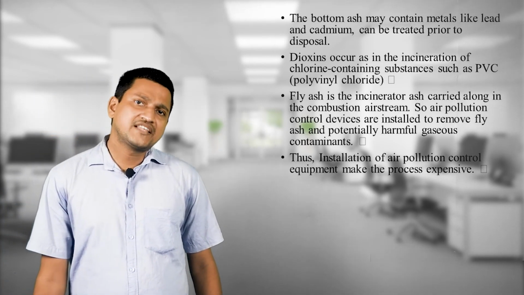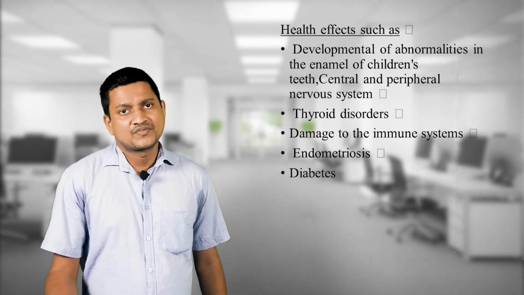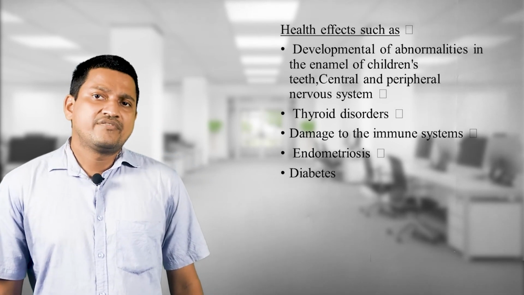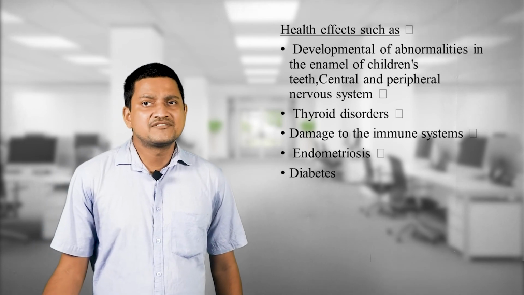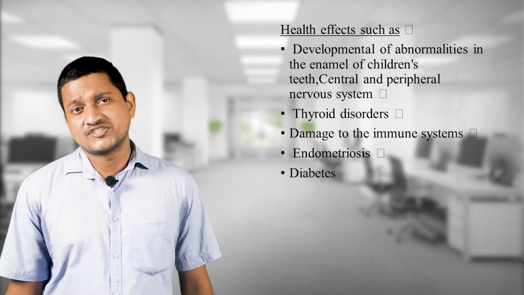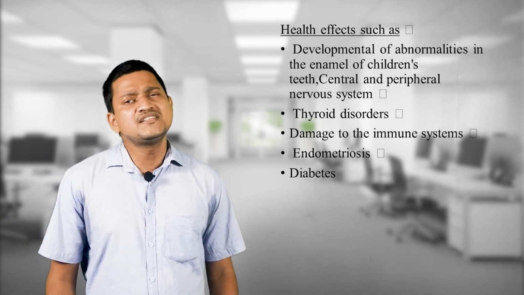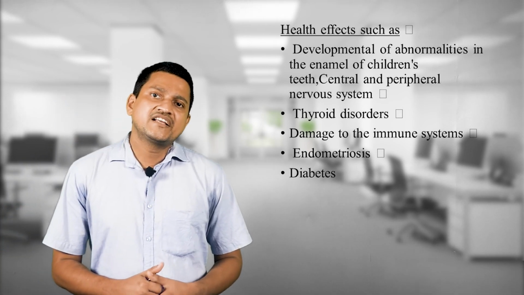Then some health effects are also there, including thyroid disorders, development of abnormalities of enamel in children, and effects on the central and peripheral nervous system from this fly ash and air pollutants. These are the disadvantages.